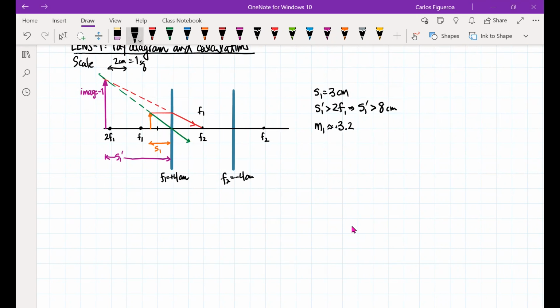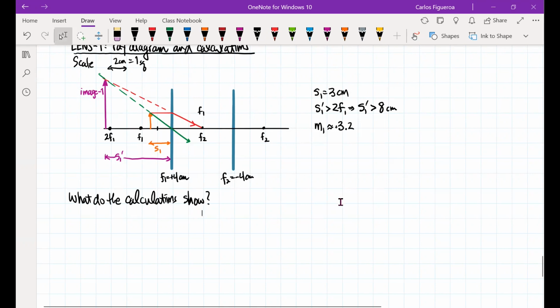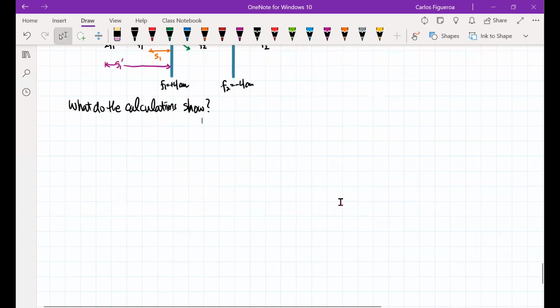Those are guesses. So now, what do the calculations show? I have two equations to calculate. I have the thin lens equation.